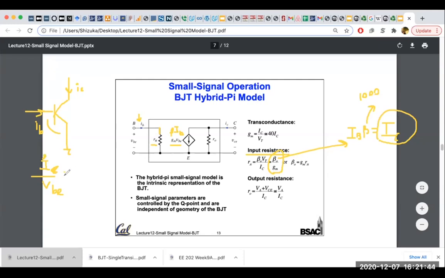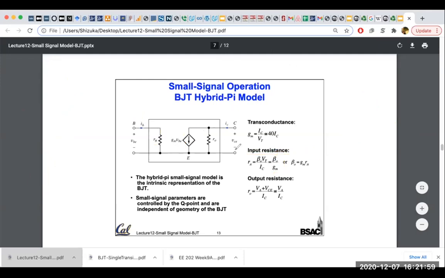So we call that term transconductance gm. So instead of beta IB, you can similarly write gm VBE. We usually exchange this. Either of them you can use.